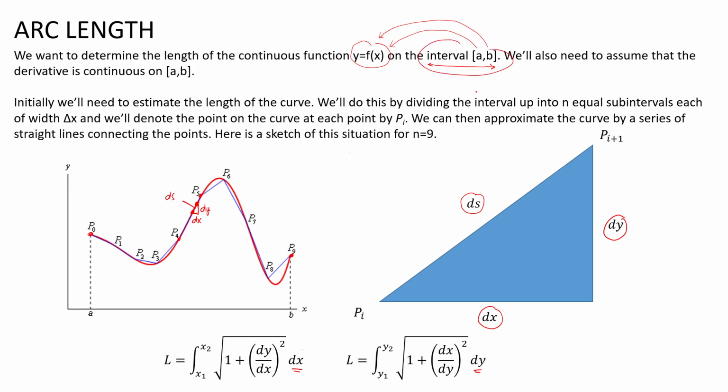The interval given may be in terms of the x variable. If it's the x variable, you're going to use the first formula, which is with respect to x. If the interval is in terms of y, you're going to be integrating with respect to y as well.